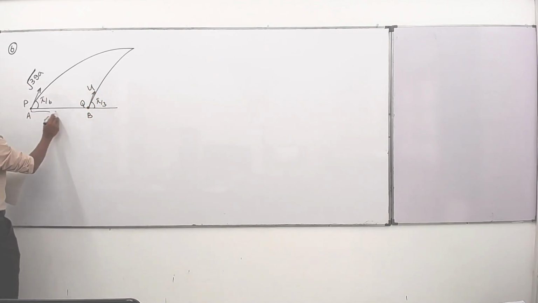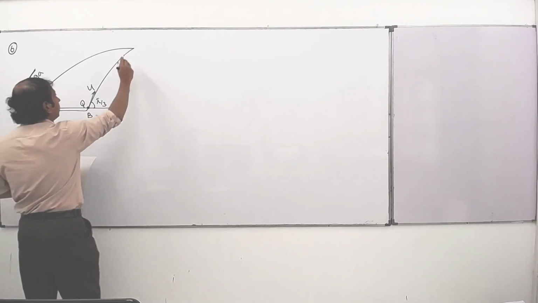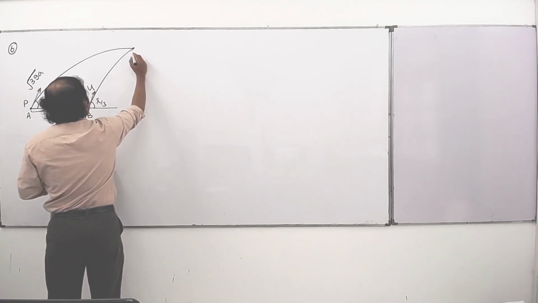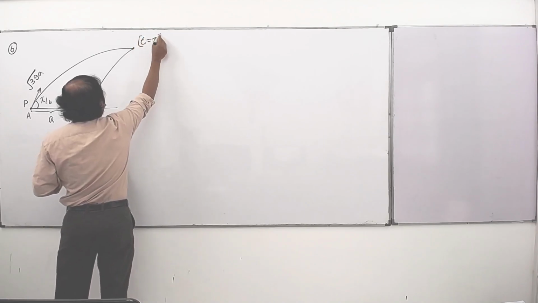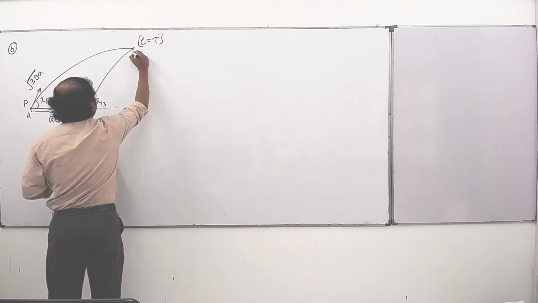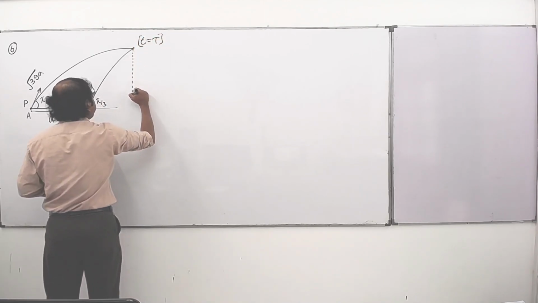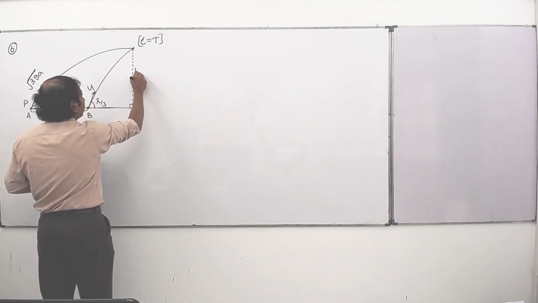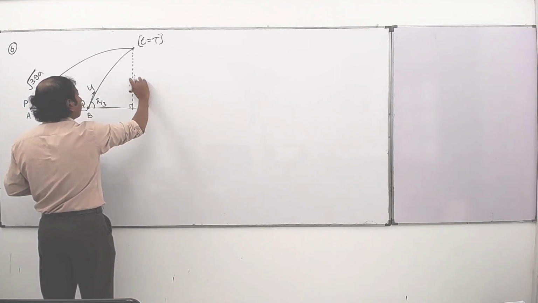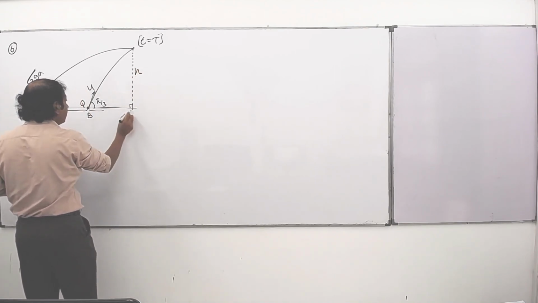The distance between A and B is a. Suppose they meet here. The time taken is T. Suppose this height is h from the ground. Let this distance be d.